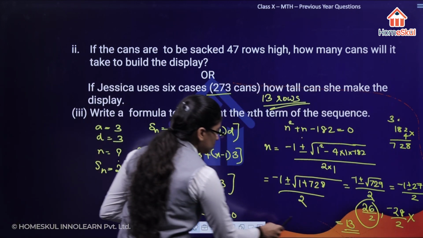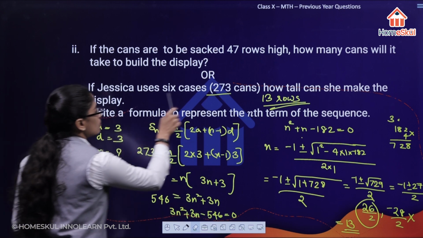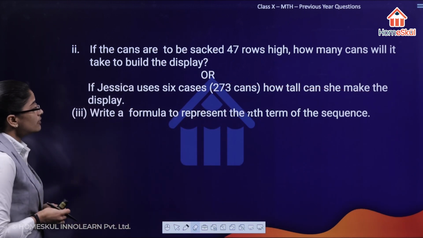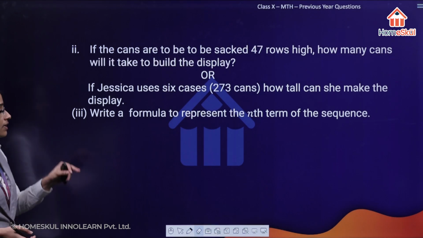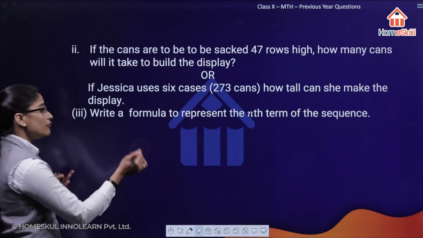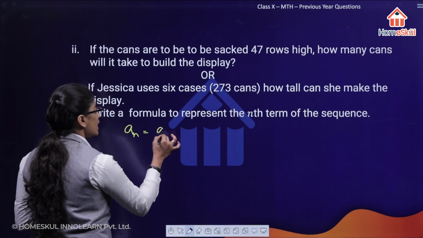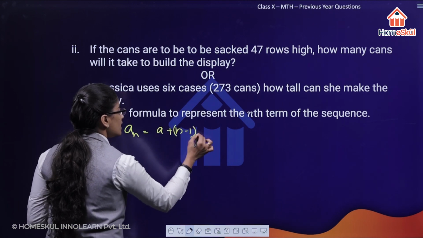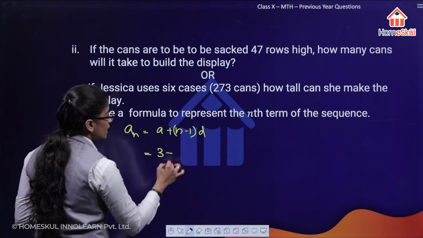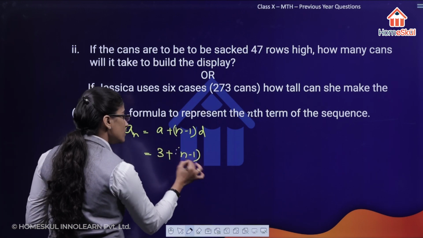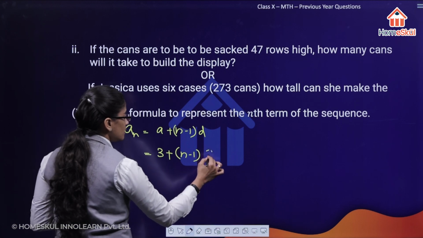Now we are having one more sub-question, the third sub-question. There, write a formula to represent the nth term of the sequence. So, here we will use the formula an is equal to a plus n minus 1 into d. Okay, what is the first term? It is 3, and the common difference is also 3.